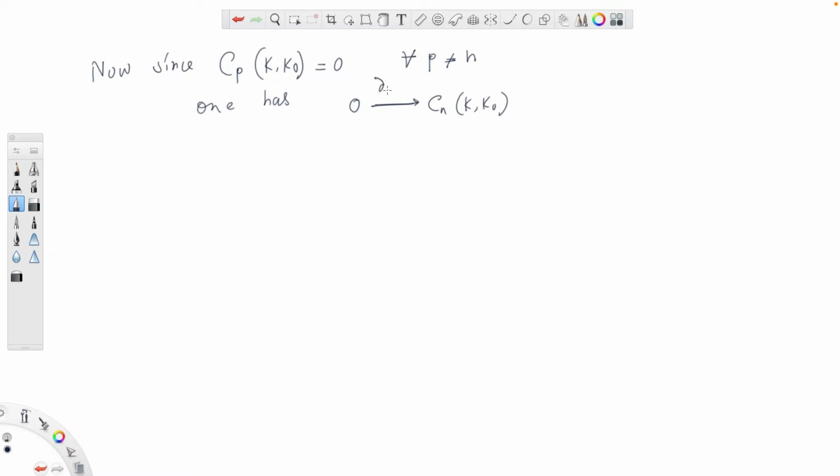So this boundary operator is del n plus 1, and this boundary operator is del n, and this is 0 also, okay, because of this.